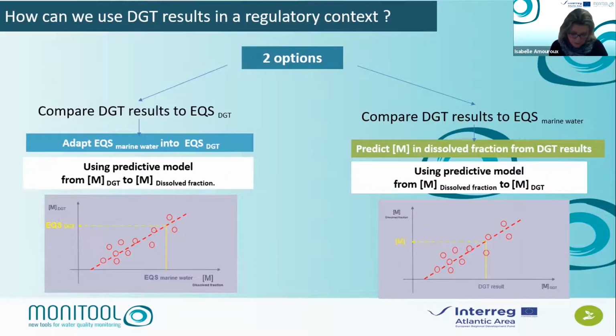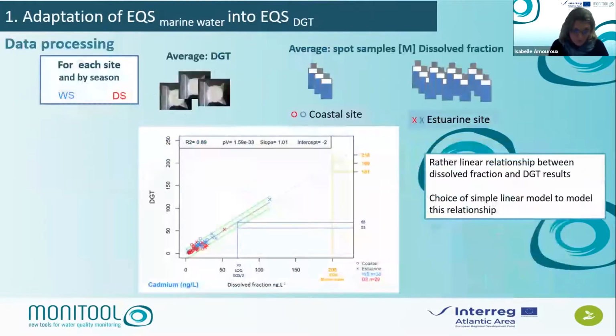And after that, in order to assess the applicability of proposed EQS DGT, I will show you a simulation of the chemical status assessment based on MONITOOL sites. For each site and season, wet and dry season, the average of DGT and the average of the concentration measured in spot water sample were calculated.